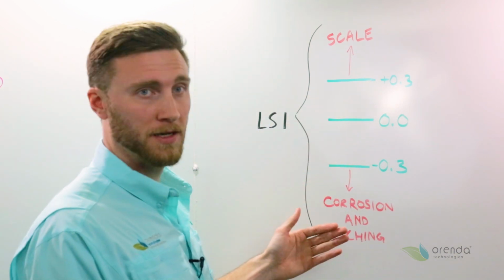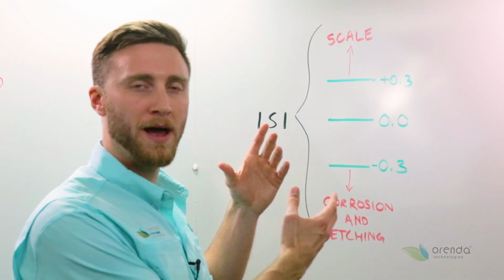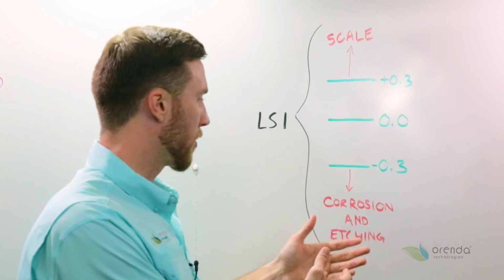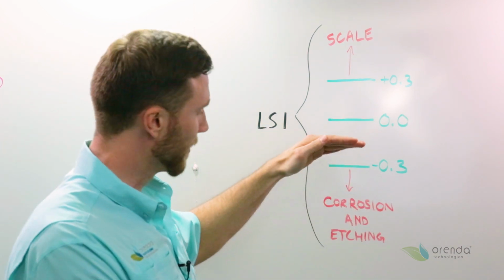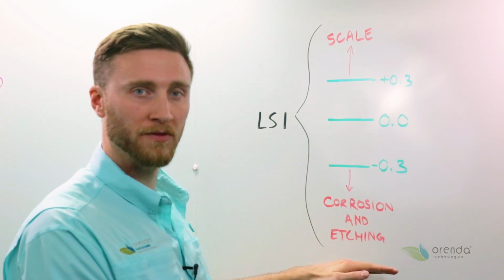On the low end, if the water's really cold or you have low pH or low alkalinity or low calcium, your LSI is going to be corrosive and aggressive. These crystals are forming in very, very low LSI environments, which means that the water is extracting calcium out from the surfaces and it's reacting with something to make them into sharp little crystals.